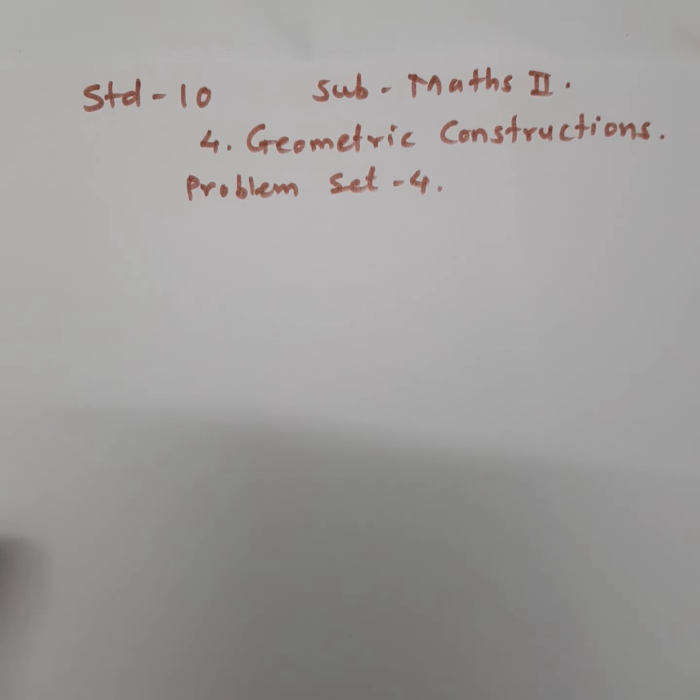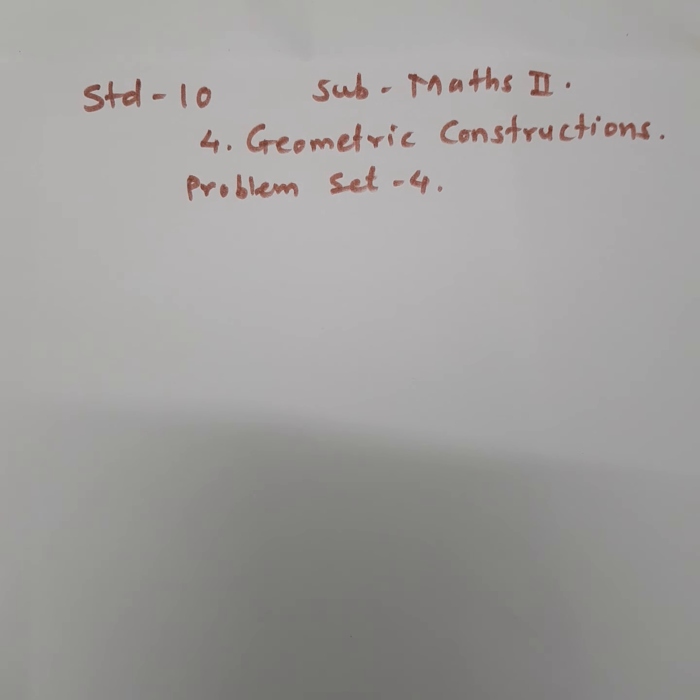Hello students, in the last lecture we learned some constructions from problem set 4. In those constructions there were the construction of a tangent to the circle at a point on the circle, and the construction of tangents to the circle through a point which is outside the circle.